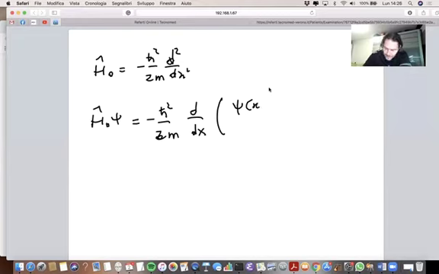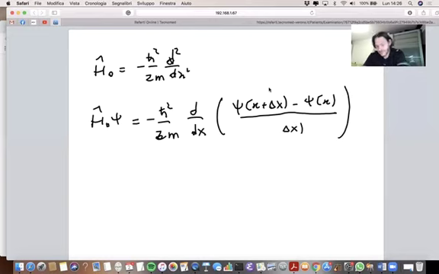It will move the function by the amount delta x and subtract the function. That's the definition of the discrete derivative. Now, this is after discretization, and delta x is precisely my lattice spacing.